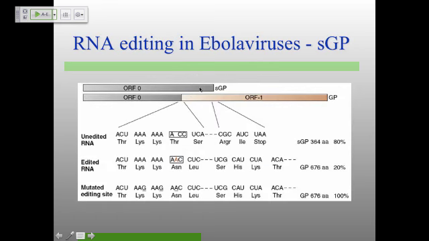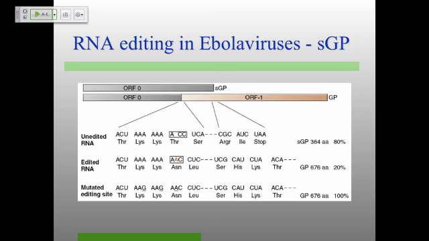That's encoded by this brown open reading frame right here. What's curious is that when the genome was sequenced, they found only the sequence for the secreted glycoprotein, which doesn't have this C-terminal end with the hydrophobic tail in it.